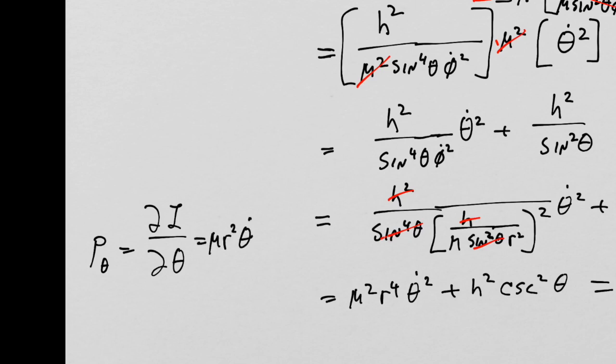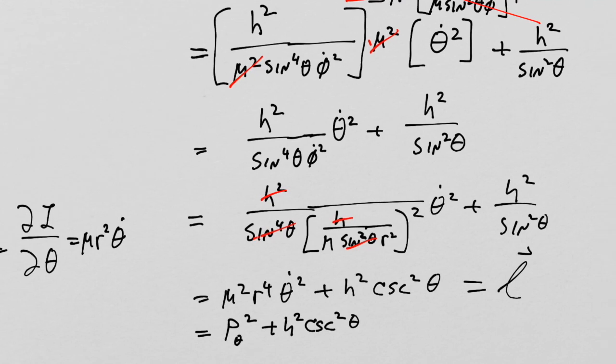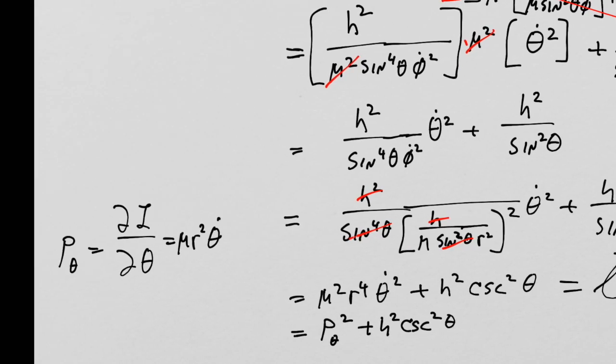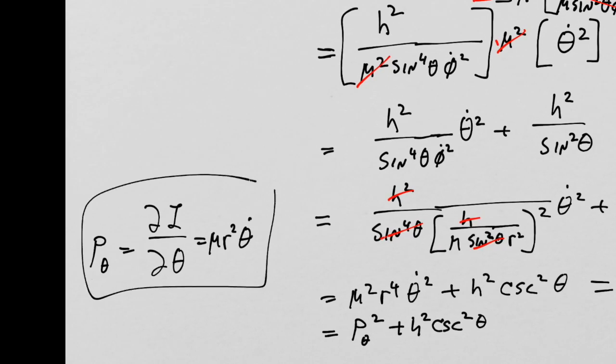If you take the derivative of the Lagrangian with respect to theta dot, you get mu r squared theta dot. So we can write this as p theta squared plus h squared cosecant squared of theta. In case that's just an important thing. It's always good, even if you're dealing purely in the Lagrangian formalism, to write down the canonical momentum.